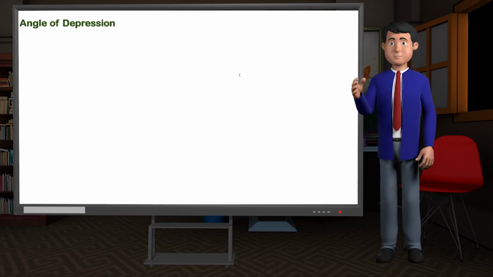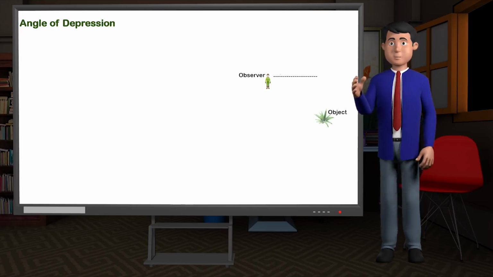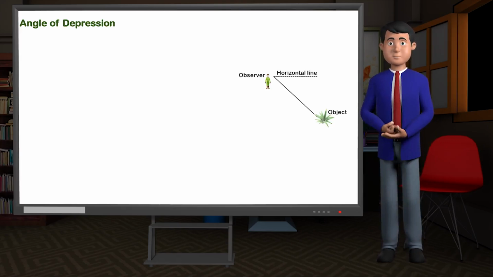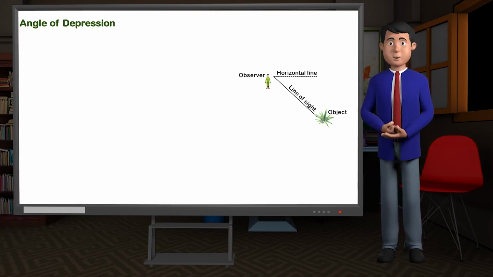Angle of depression. Now consider an observer and a plant on the ground. We know the horizontal line is parallel to the Earth's surface and it is drawn from the observer point. Line of sight is a line drawn from the eye of an observer to the object.